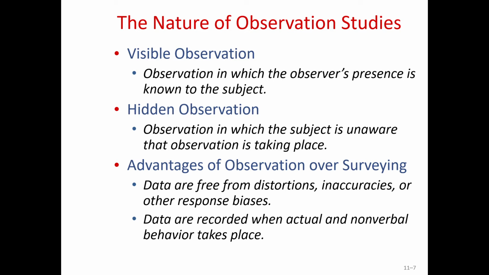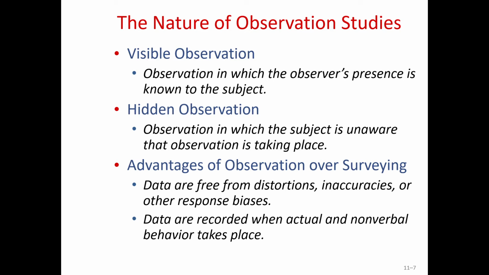We can discuss visible observation, a situation in which the observer's presence is known to the subject. A situation in which a subject is unaware that the observation is taking place is hidden observation. Hidden, unobserved observation minimizes respondent errors as well. There are advantages and disadvantages.